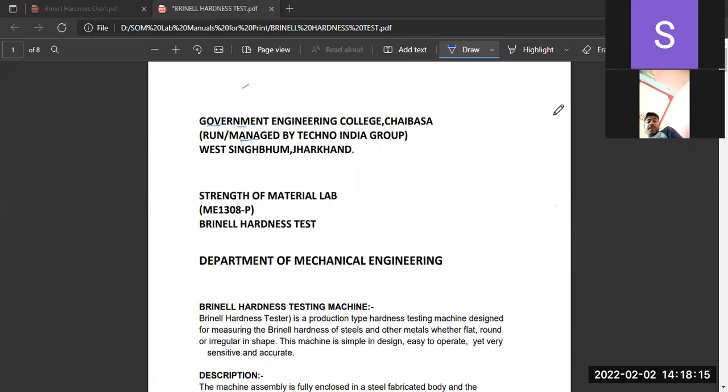So in the hardness test, what are we supposed to do? What exactly do you mean by hardness? What is a hard material? A material is supposed to be hard when it can resist a certain type of scribe, indentation, or marking over it.